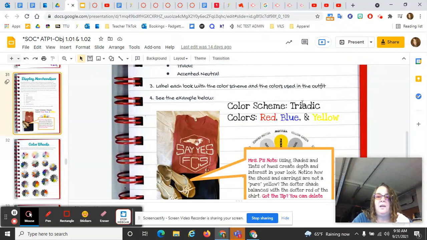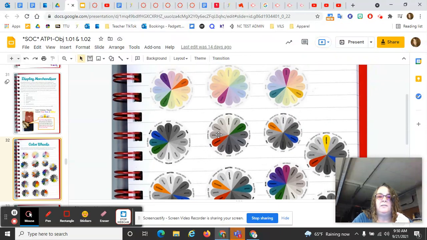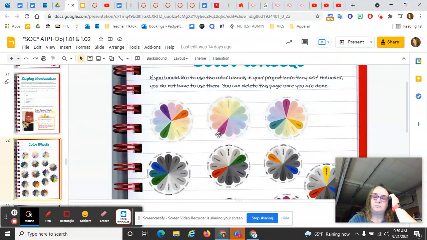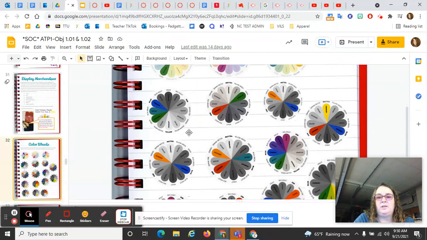So I've named the color scheme, named the colors, put in a photo, and then added the color wheel. On the next page here is all of the color wheels that you can simply copy and paste into your document. Okay, and then when you're done, you can delete that page or leave it. It's completely up to you.